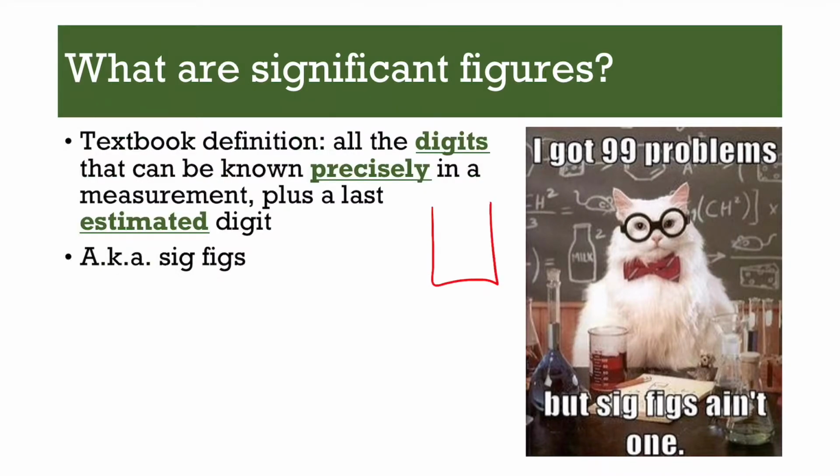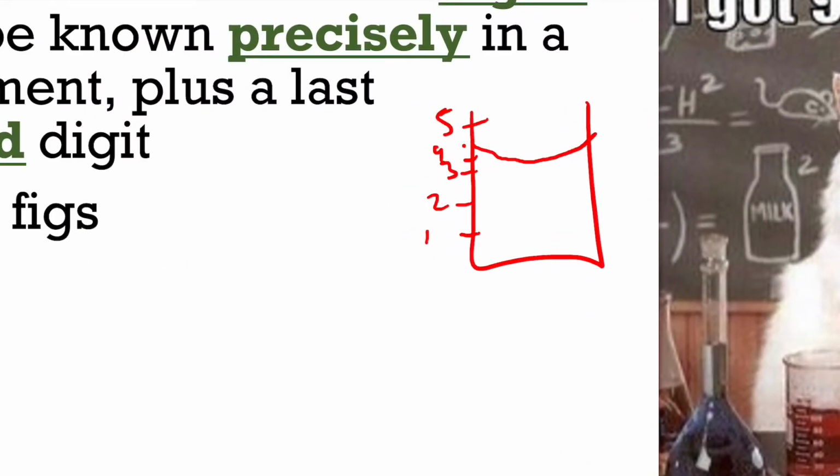So if you were, let's say, measuring water in a graduated cylinder, you know this is 1, 2, 3, say 4, this is not drawn to scale, 5, and we're like, okay, cool, what is this measurement?